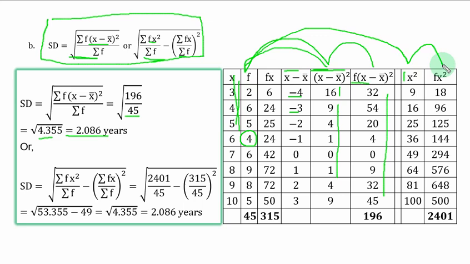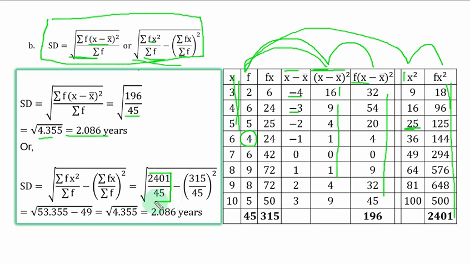So when f is 2, 2 times 9, you have 18. When f is 6, 6 times 16, you have 96. When f is 5, 5 times 25, you have 125, and so on. Then you add up this column, and you have 2,401.